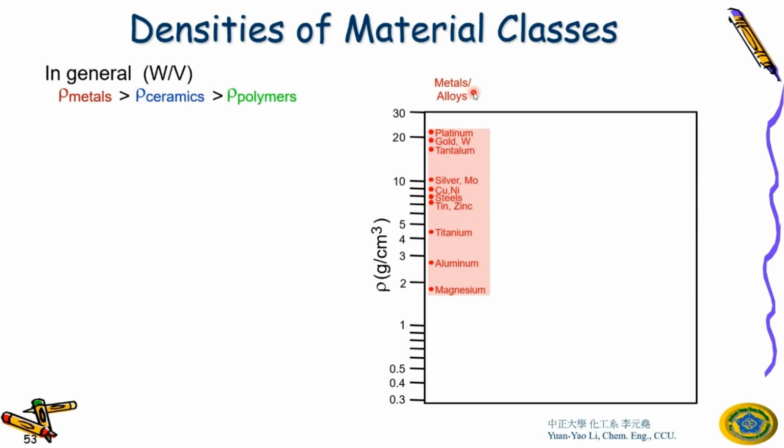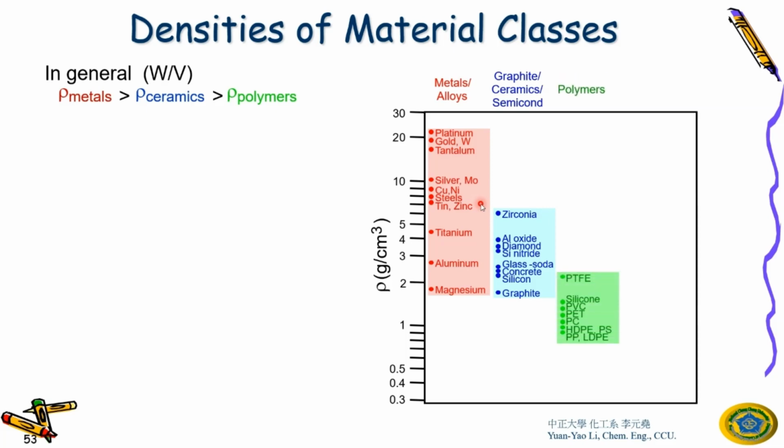Here are the metal alloys, and the graphite, ceramic, semiconductor, and this is ceramic. And the polymer's density is lowest.